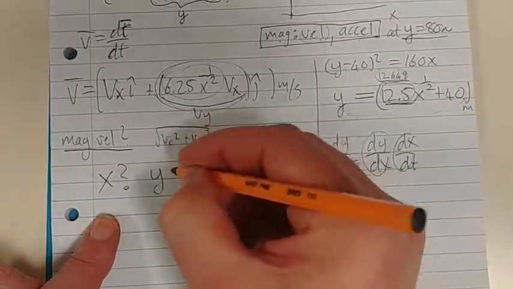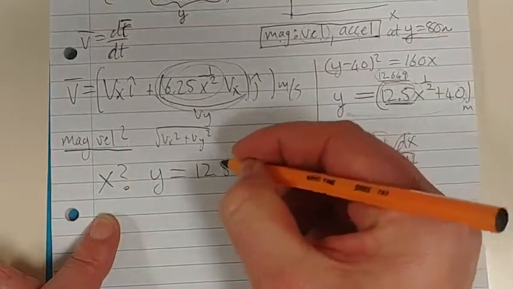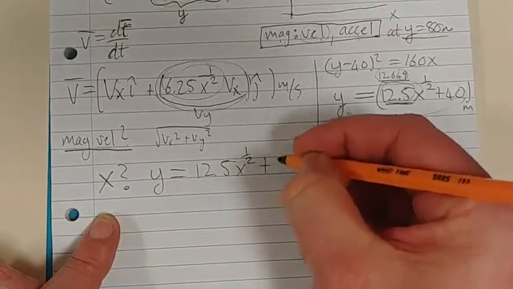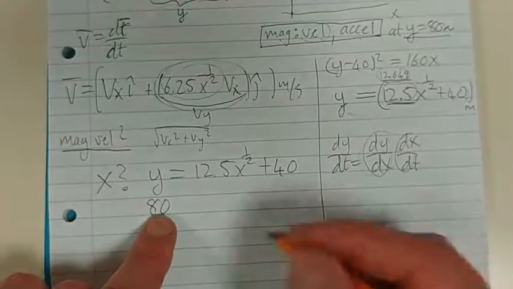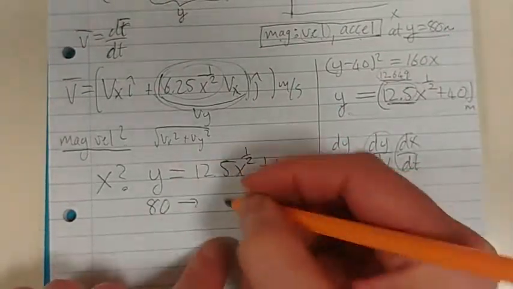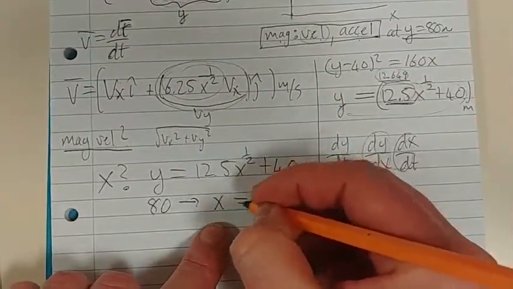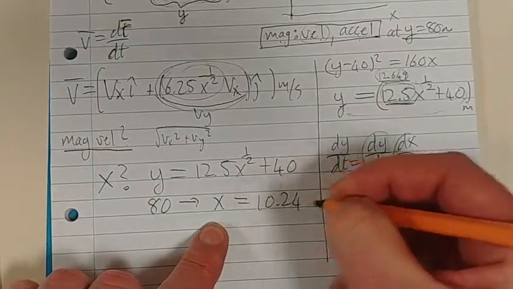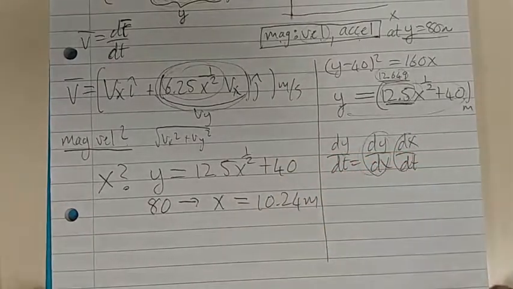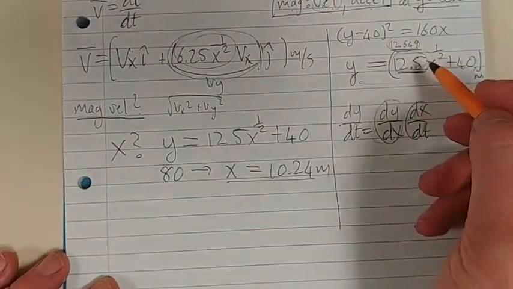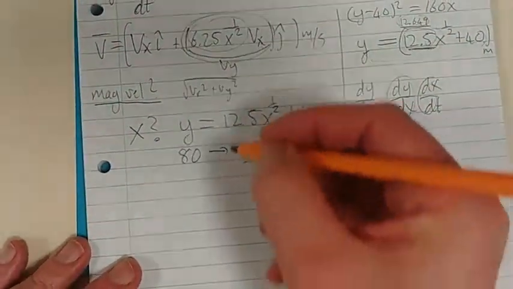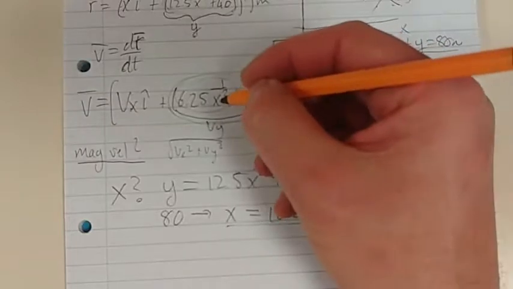So y equals 12.5 x to the half plus 40. I make that equal to 80, and then I solve and I get x equal to 10.24 meters. Again, you're going to get a different value because you're going to use 12.649. So now I've got x.